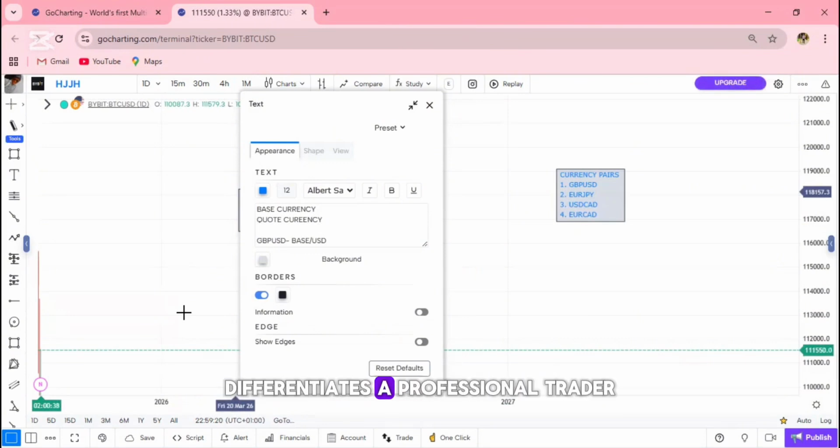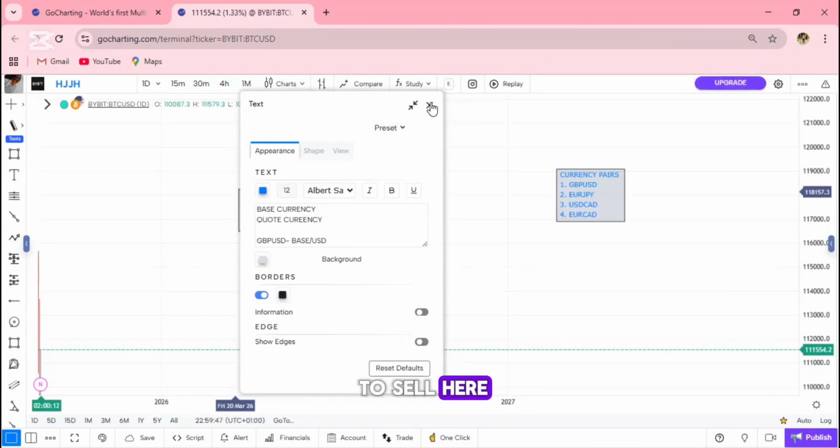But what differentiates a professional trader from a newbie, or an expert trader from a novice, is the fact that an expert trader knows when to stay off the market, and knows when to buy and when to sell. Or let me just say, in a nutshell, a professional trader has an edge that lets him or her know that, okay, I'm supposed to buy here and I'm supposed to sell here.